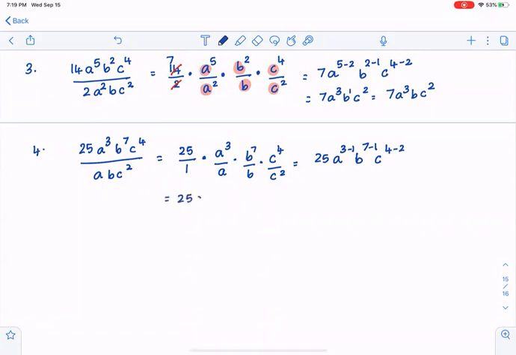So we have 25 a squared, b raised 6, c raised 4.